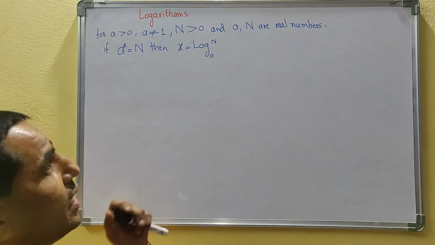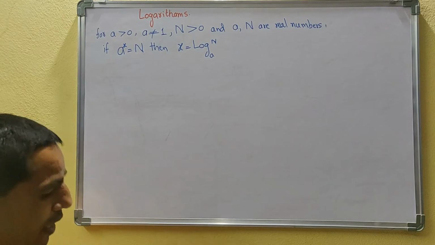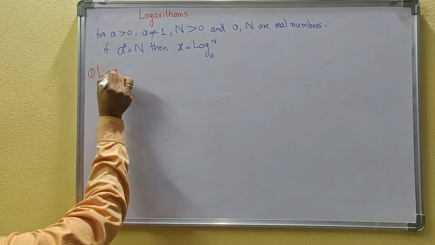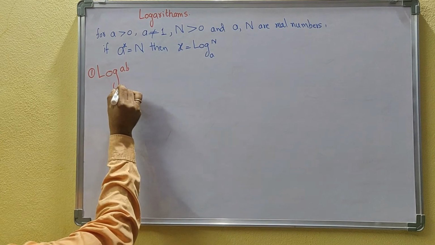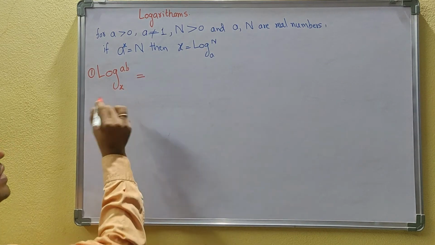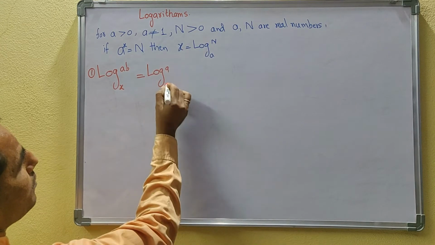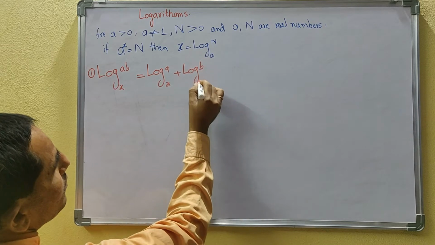Next I will write the important formulas for logarithms. Very important. First one: log ab to the base x is equal to log a to the base x plus log b to the base x.